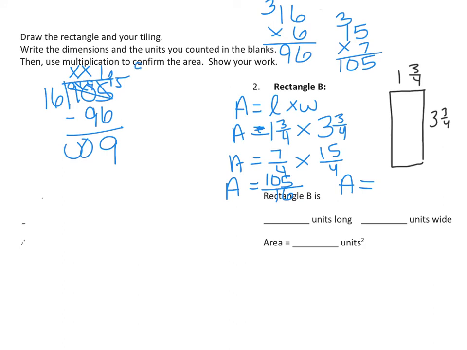So 9/16. Oh, wow. A equals 6 and 9/16. So my length was 1 3/4. My width is 3 3/4. And my area is indeed 6 and 9/16.